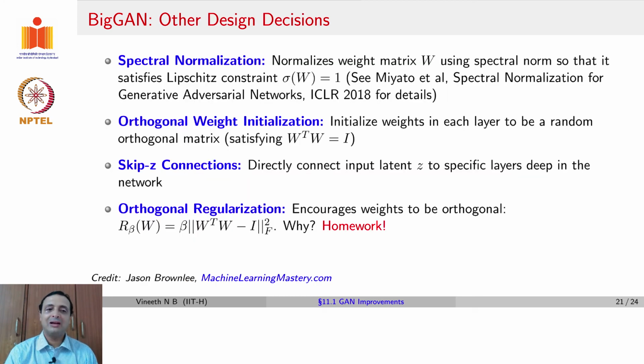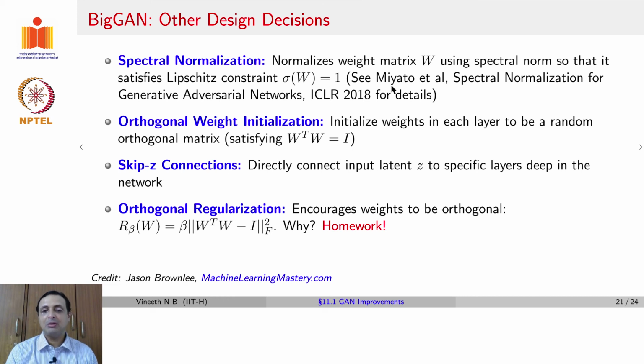BigGAN also had other design decisions which helped its performance. One such was spectral normalization, where the weight matrix in each layer was normalized to ensure that its spectral norm was maintained, and it also satisfied the Lipschitz constraint sigma of W is equal to 1.